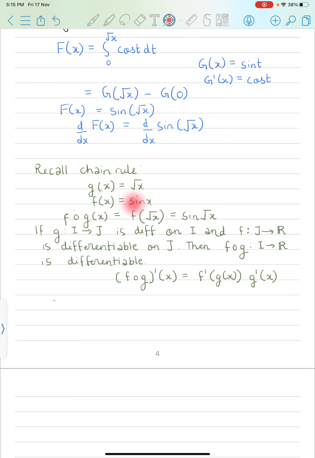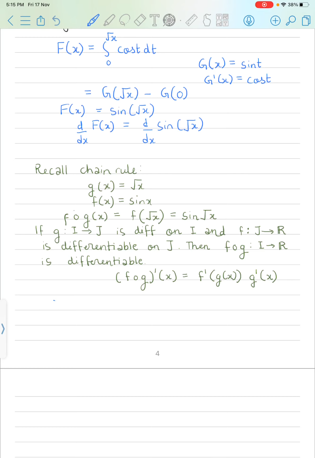So in our case, g of x is root x and f of x is sine x, and f composition g of x is sine root x. This is what we want. Differentiation of sine root x is equal to f dash, then input the value g of x, and then g dash x.